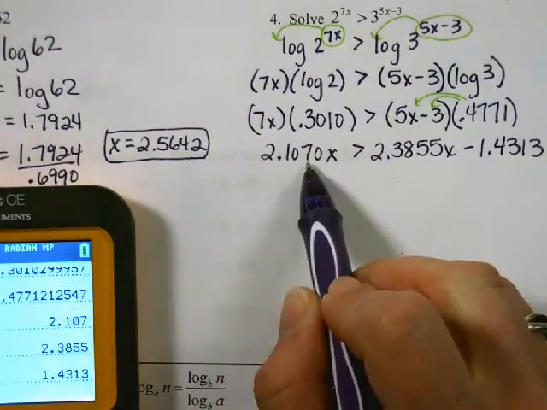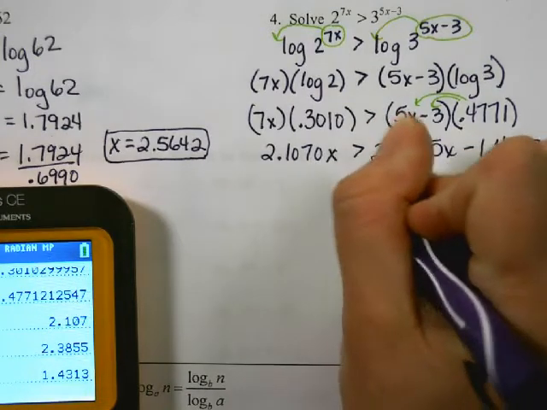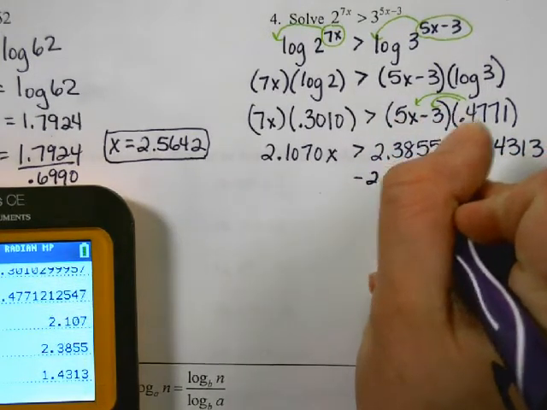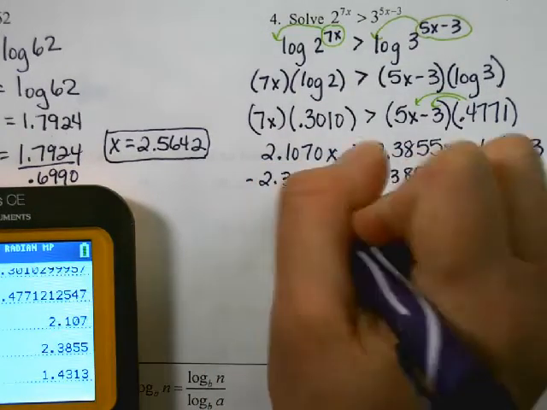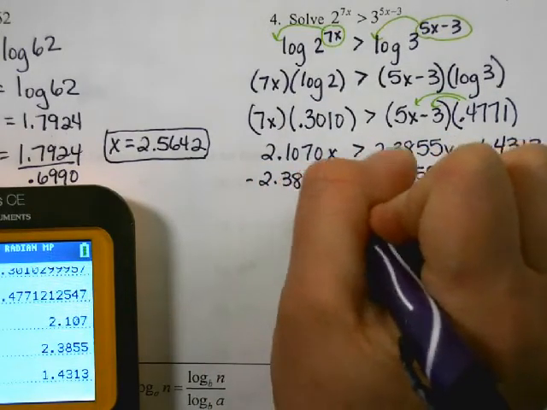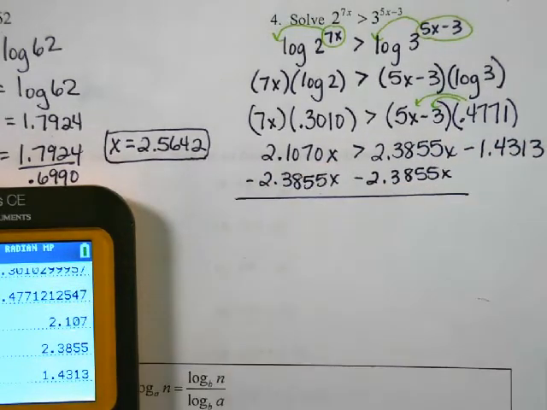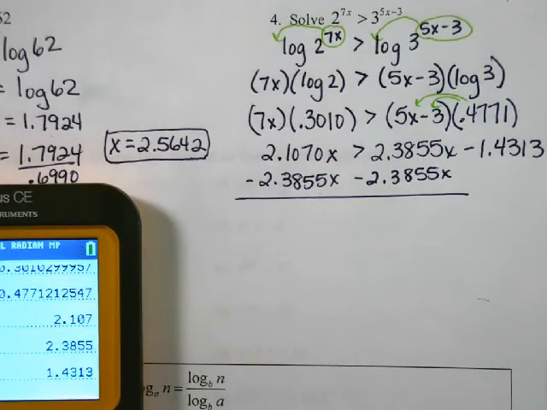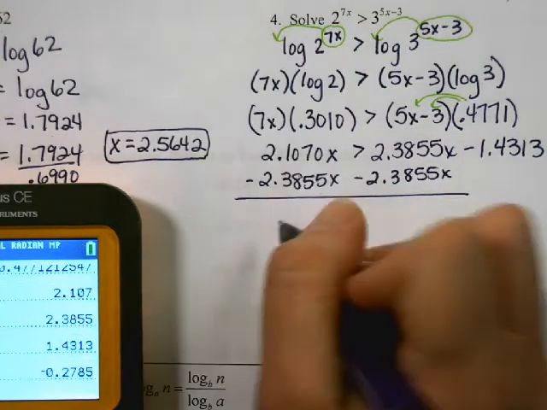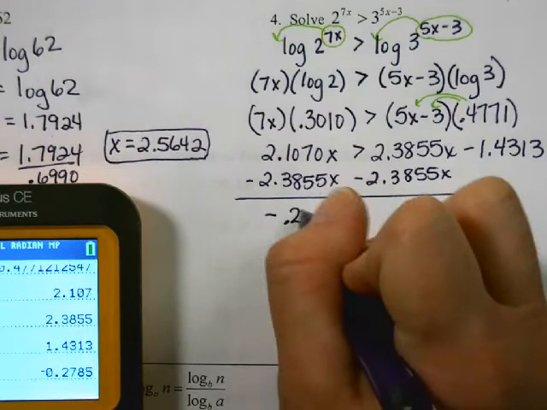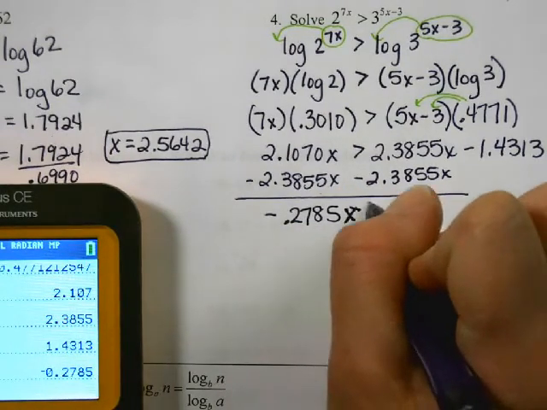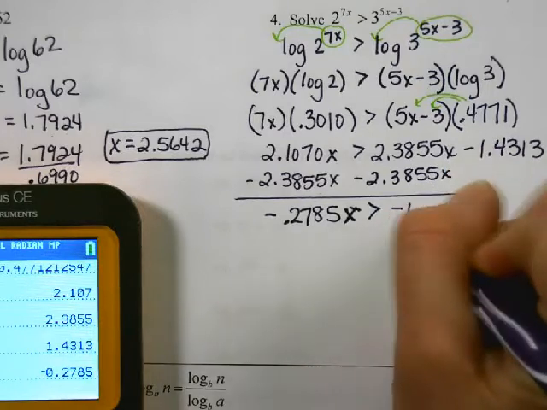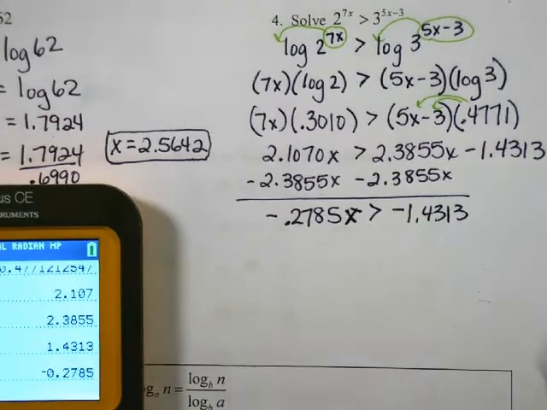There's an x and there's an x, so let's combine them: 2.1070 minus 2.3855 is negative 0.2785x is greater than negative 1.4313.